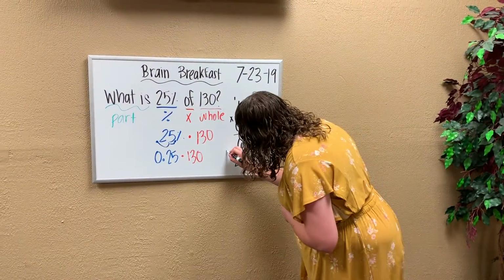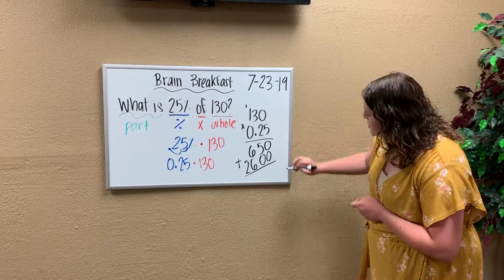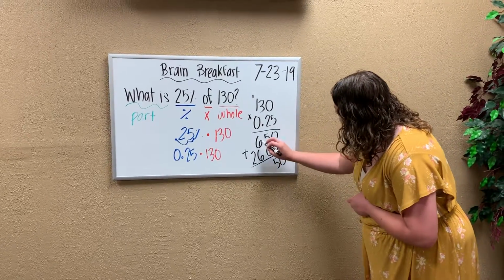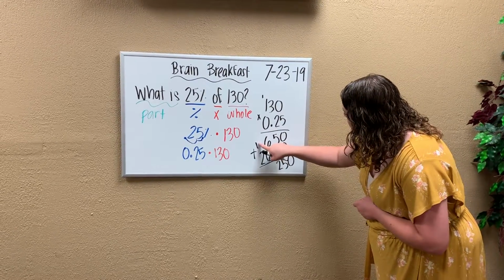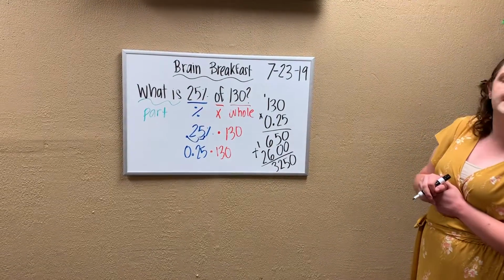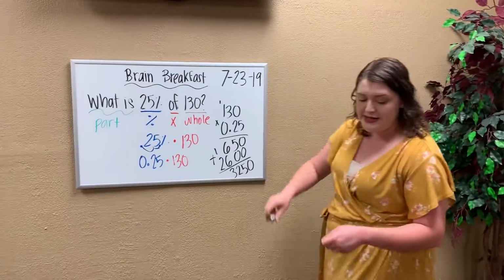So all I need to do now is add that all together. 0 plus 0 is 0. 5 plus 0 is 5. 6 plus 6 is 12. I'm running out of room. 1 plus 2 is 3. I get 3250. Can I leave it like that? I can't leave it like that.